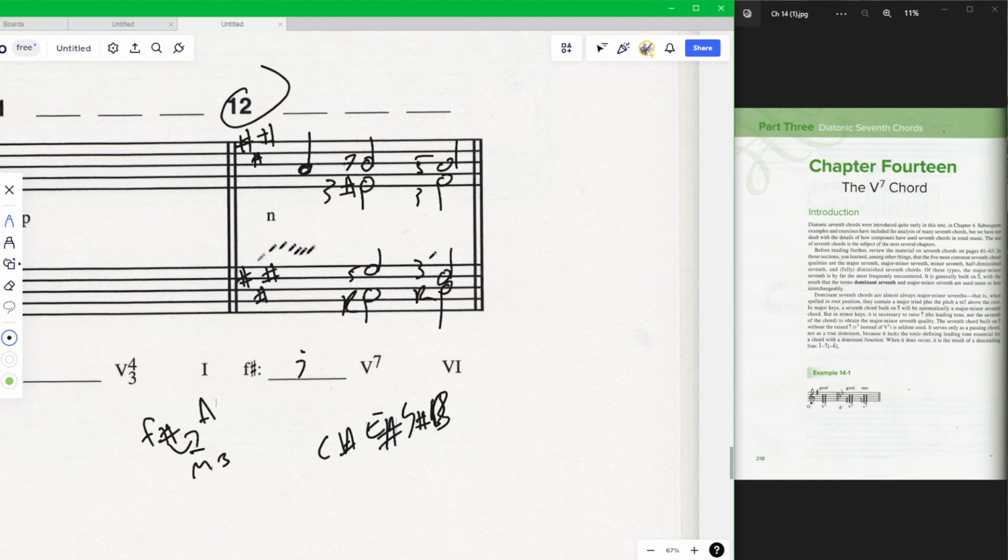Alright. I don't want to make a huge leap. Let's make it a 1, 6. F sharp, A. So we should have an A here. Alright. Here's my F sharp, A. Dang it, do I want a 6-4?